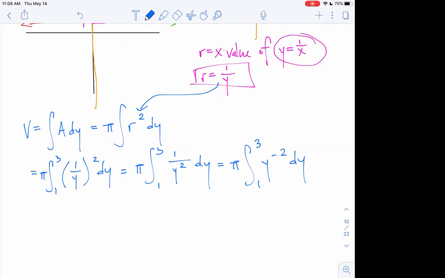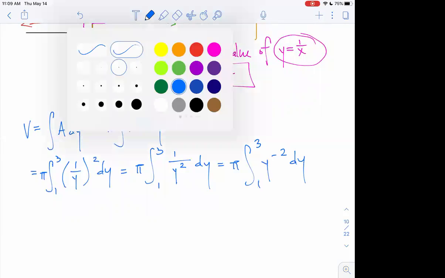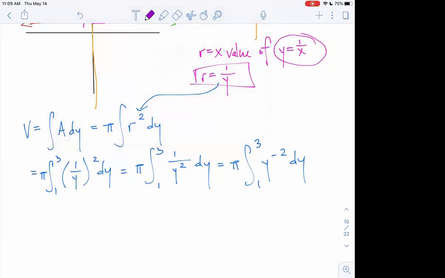Yeah, what exponent would tell me that my integral is going to be ln? Would it be x to the negative 1? Yeah, so if I had x to the negative 1 or y to the negative 1, all right, that's when I use that natural log. But if it's to the negative 2 or the negative anything else, I have to use the power rule, okay?